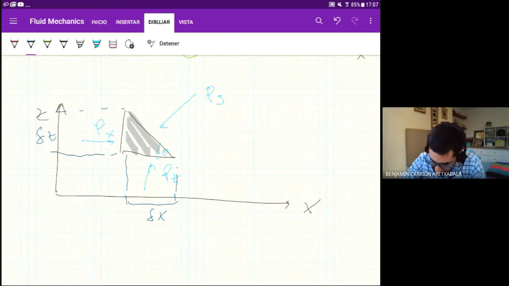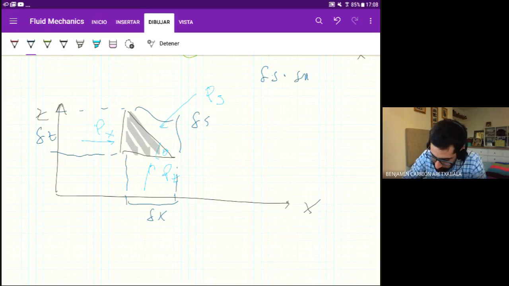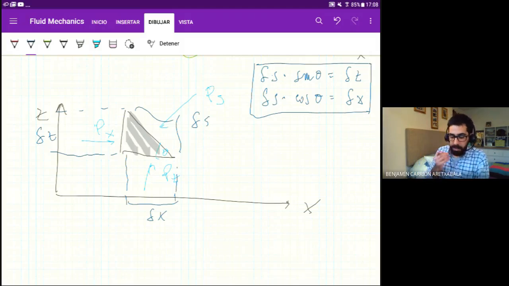Then this part here we're going to call ds, right? But from geometry, we know that ds times sine theta is going to be dz, and ds times cosine theta is going to be dx, right? By trigonometry.